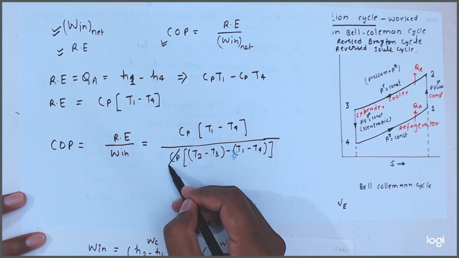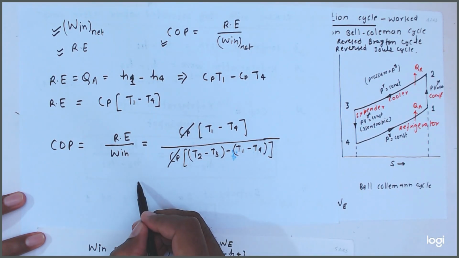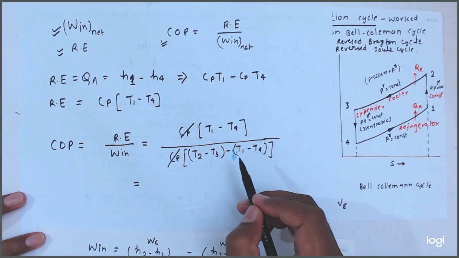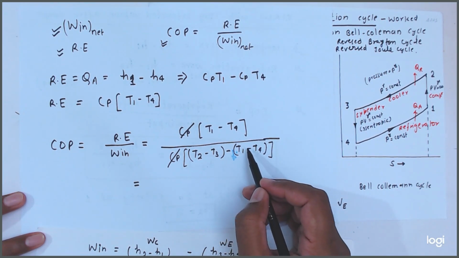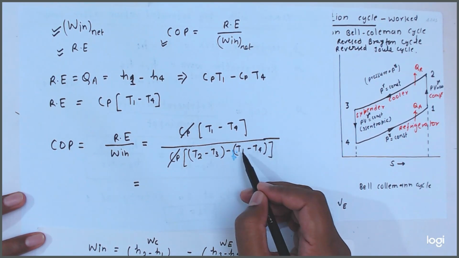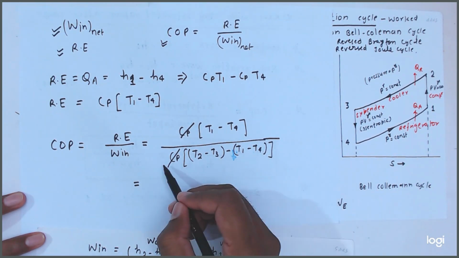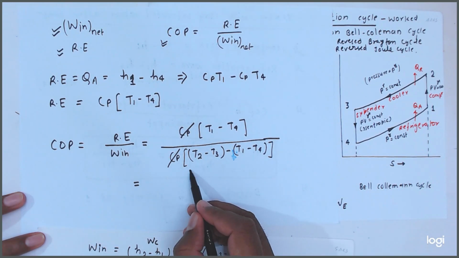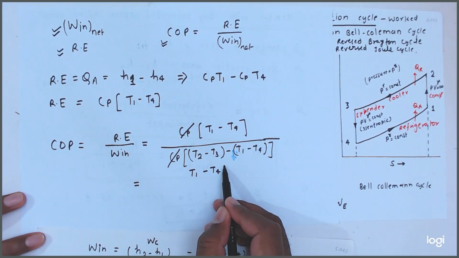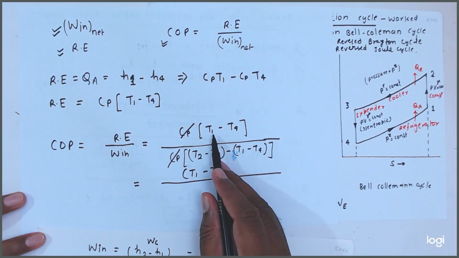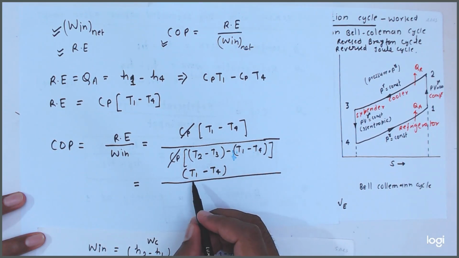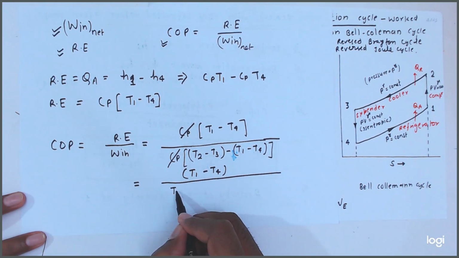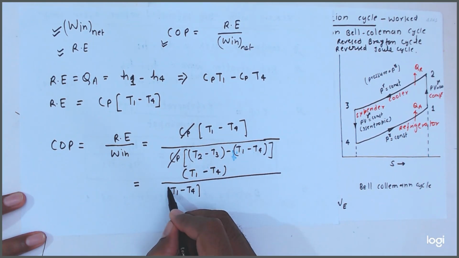Okay, so from here Cp and Cp cancel out. What is left? This term is left. But what I am going to do, friends, I will take T1 minus T4 common from this whole bracket. So what is left here? T1 minus T4 on the top side. At the bottom, I am taking T1 minus T4 common.